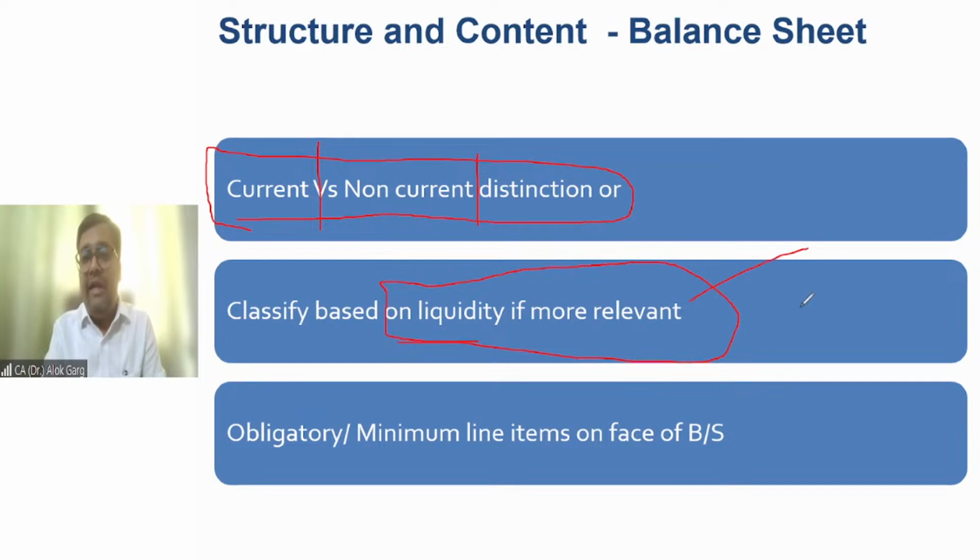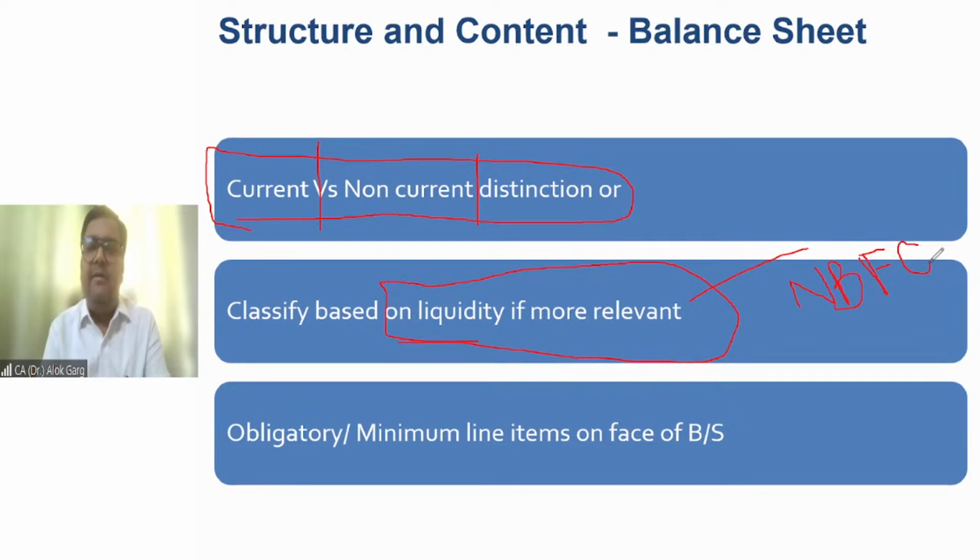Like for NBFC companies, you can download the balance sheet of Bajaj Finserv Limited, or let's say Bajaj Finance Limited. It's a listed company. You can download the financial statement for any year, let's say the latest financial year 22-23.